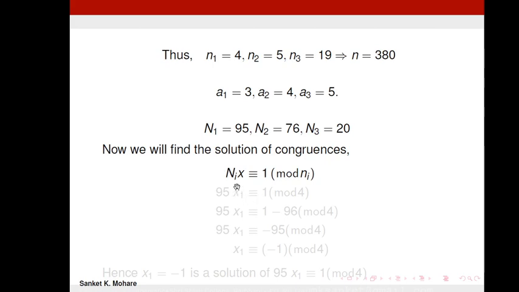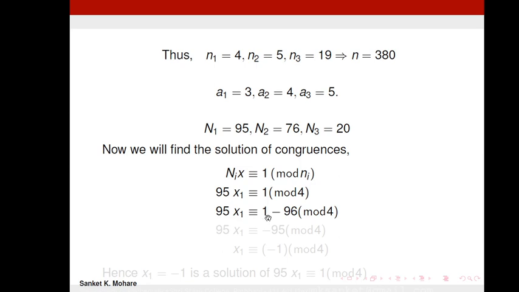So capital Ni xi is congruent to 1 modulo ni for i equal to 1, 2, 3. For i equal to 1, capital N1 x1 is congruent to 1 modulo n1. The value of capital N1 is 95 and the value of n1 is 4. So 95x1 is congruent to 1 modulo 4. 95 doesn't divide 1, so we obtain 95x1 is congruent to 1 minus 96. 96 is a multiple of 4, that is 4 times 24.